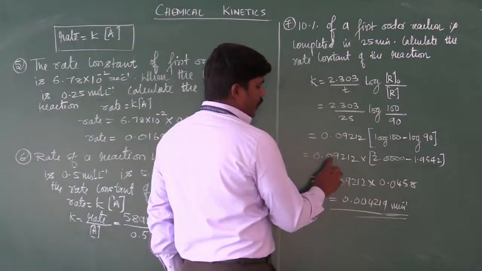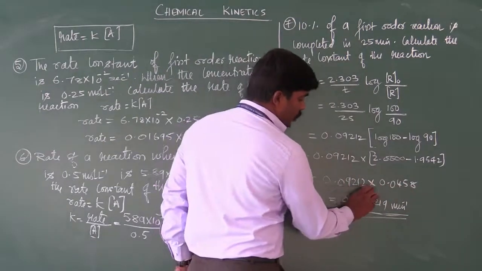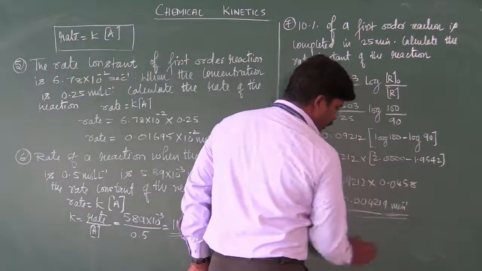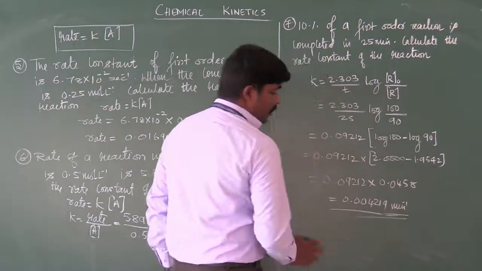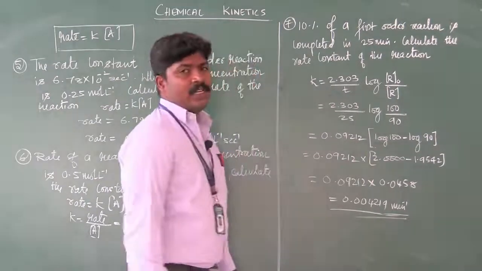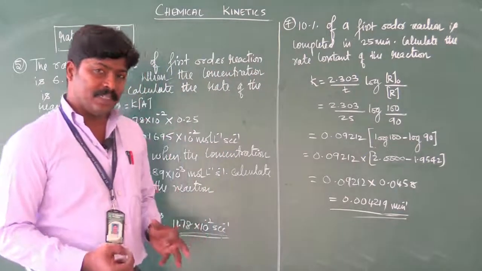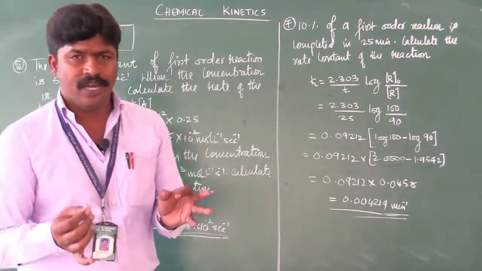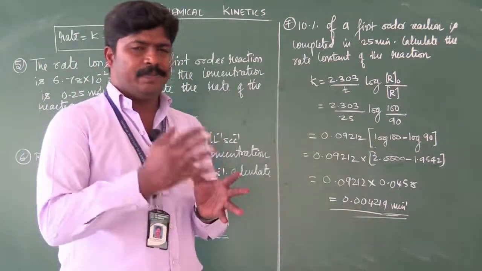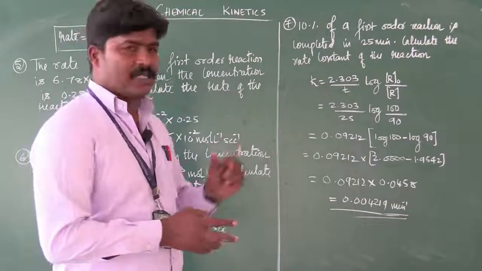Then 0.09212 multiplied by 0.0458 gives 0.004219 per minute. This is how we can find the rate constant for a 10% completion of a reaction which took 25 minutes to complete. That means 90% is remaining, 10% is completed.